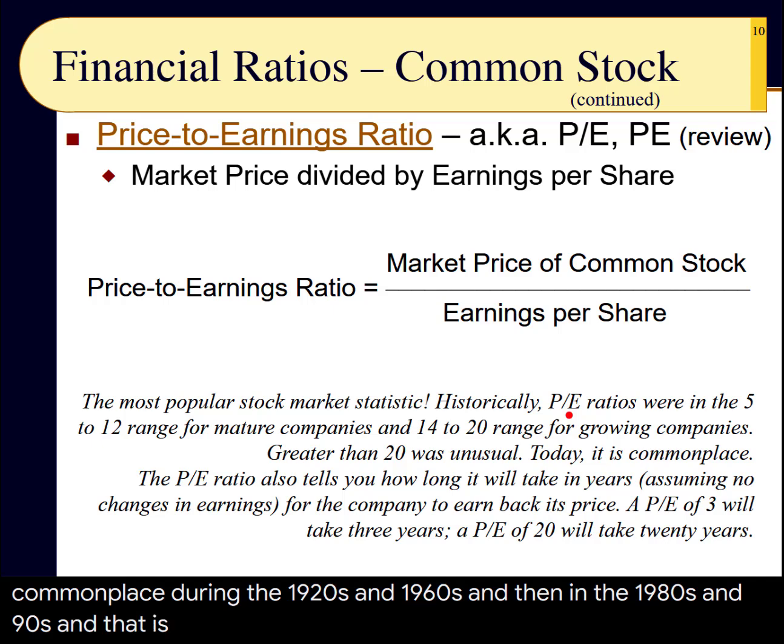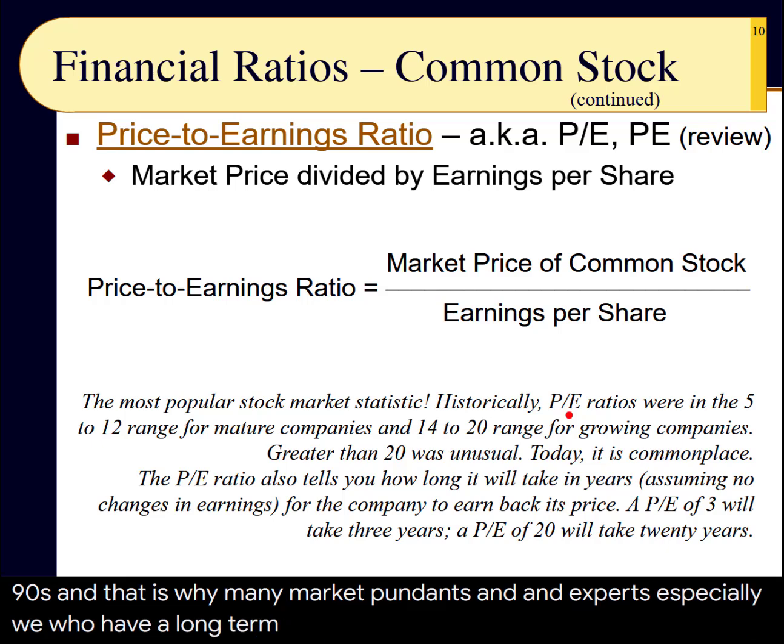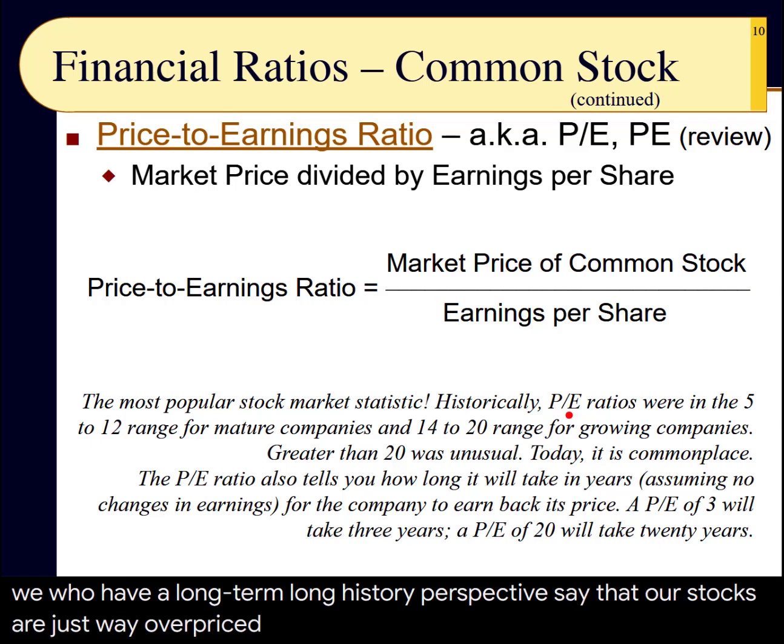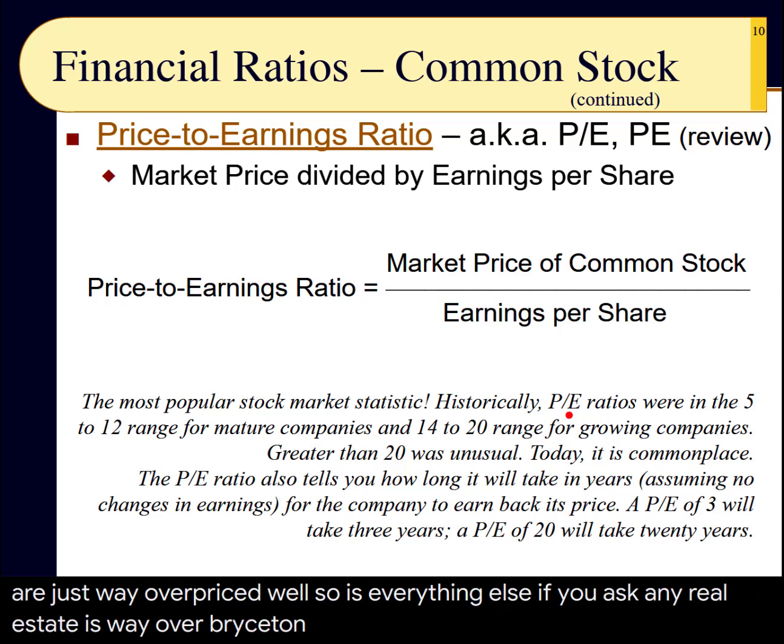That is why many market pundits and experts, especially those with a long-term historical perspective, say that stocks are just way overpriced. Well, so is everything else. If you ask me, real estate is way overpriced, and I don't know where it's going to end. We'll see.